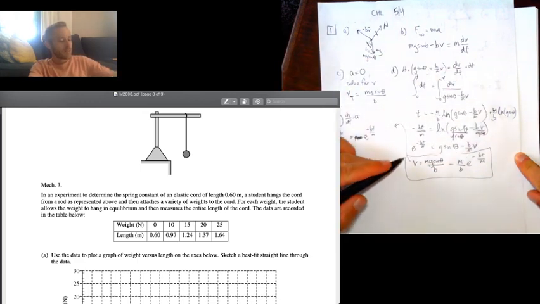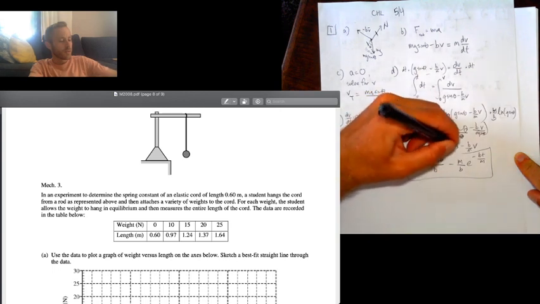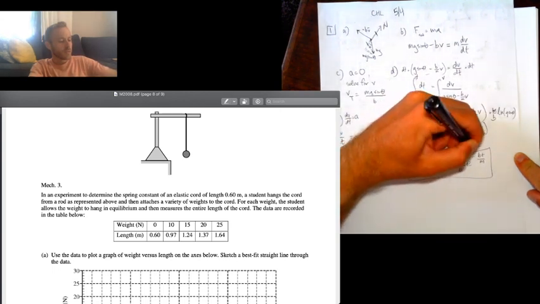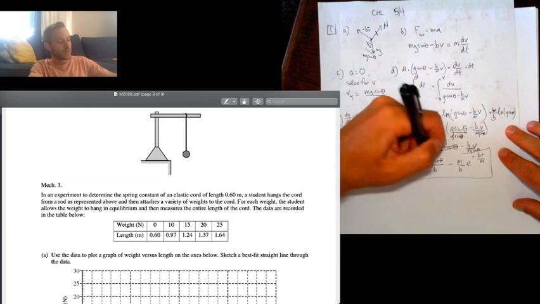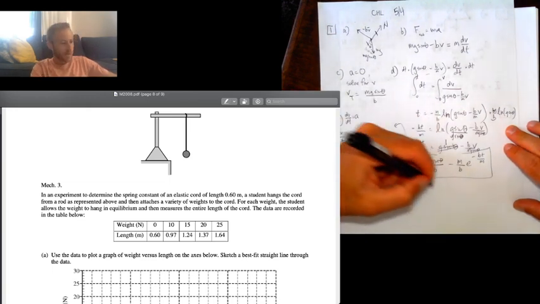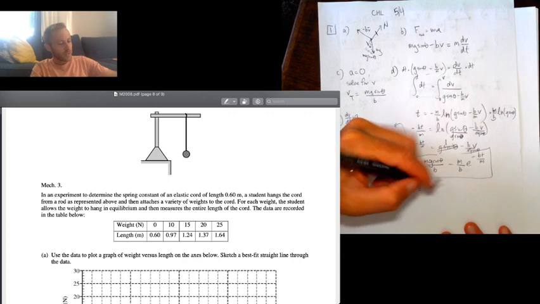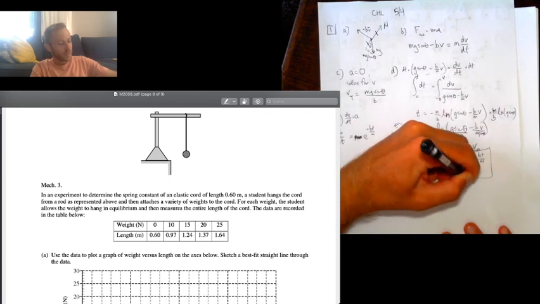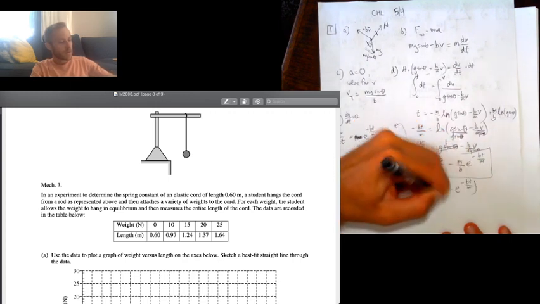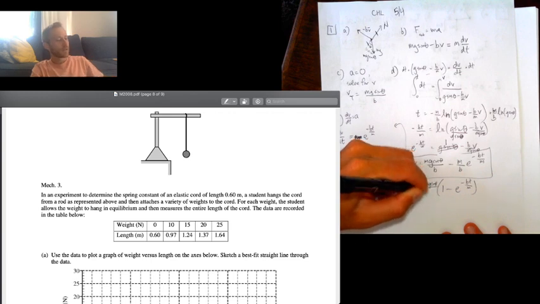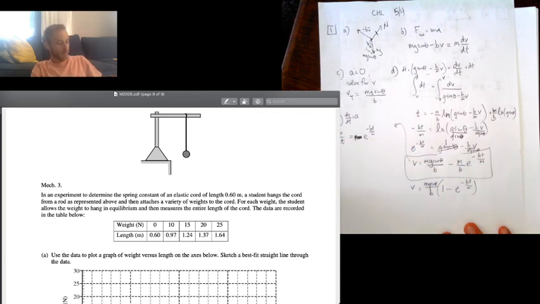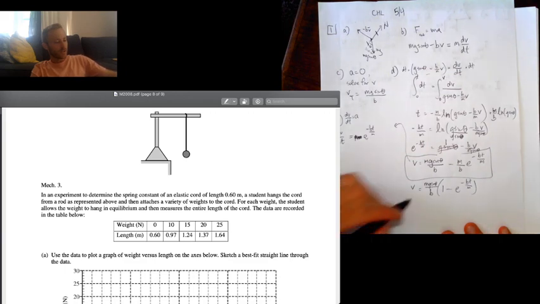Okay, so then this becomes 1 minus e to the minus bt over m g sine theta. So then this becomes v equals 1 minus e to the minus bt over m times the quantity mg sine theta over b. There we go. So that's the actual answer.